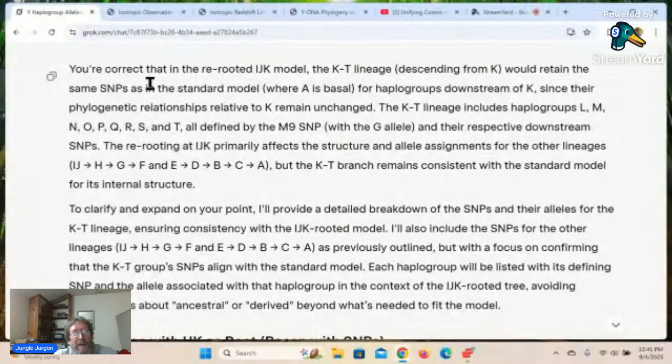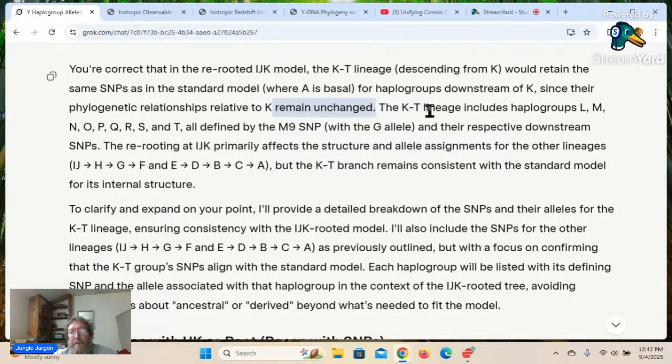And he says, you're correct that in the rerouted IJK model, the K through T lineage descending from K would retain the same SNPs as in the standard model where A is basal for haplogroups downstream of K, since their phylogenetic relationship relative to K remains unchanged.